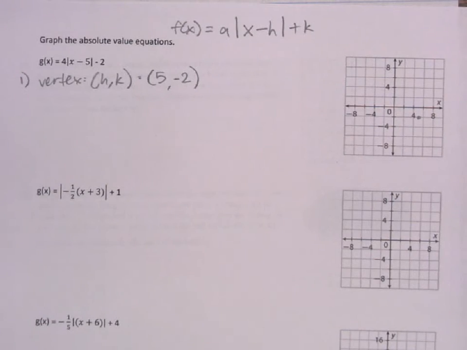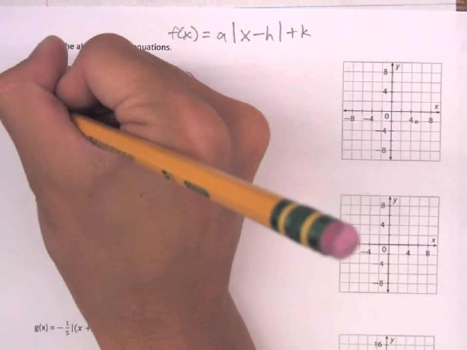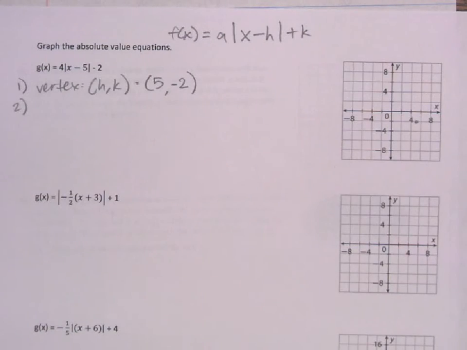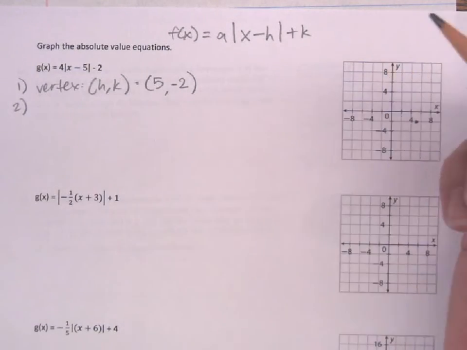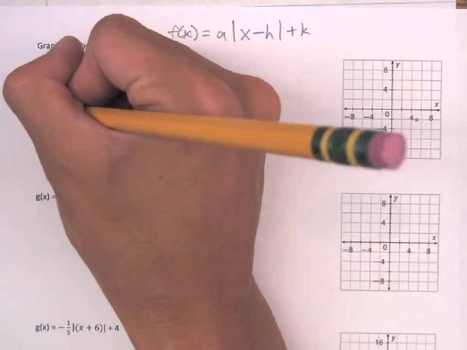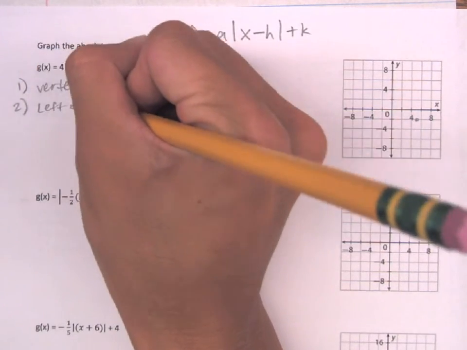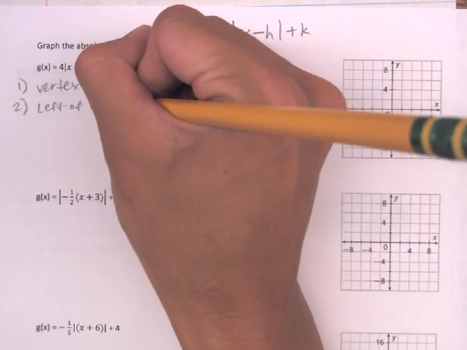Okay, step 2. Plot a point to the left of the vertex. So let's choose an arbitrary point. Let's say we use x equals 4, left of the vertex.